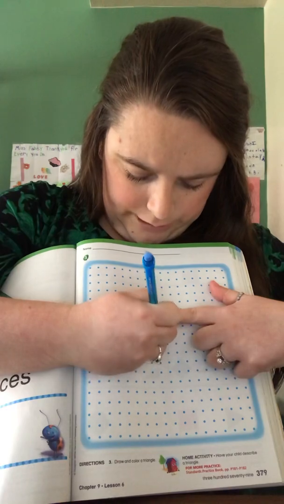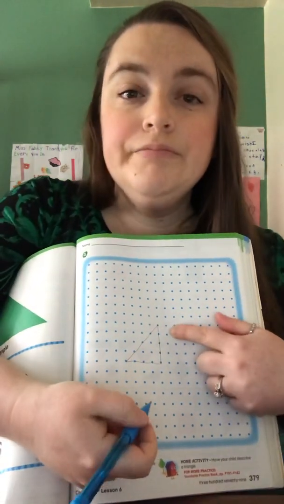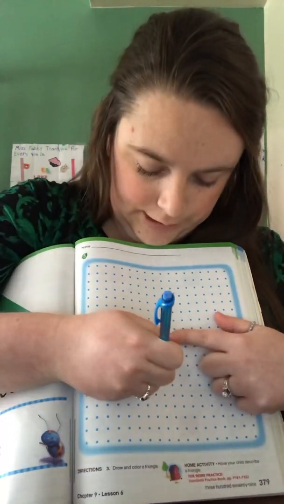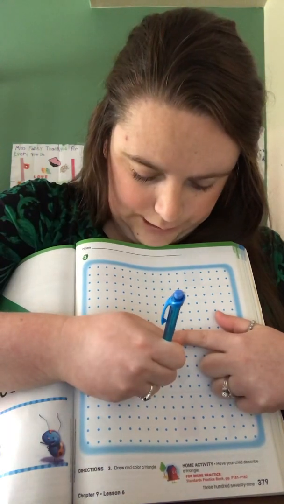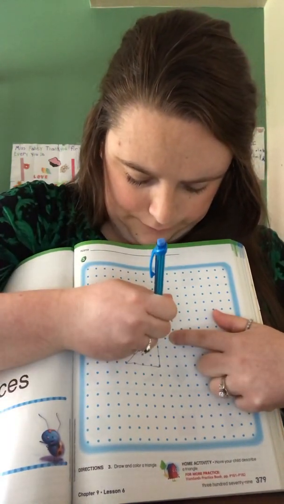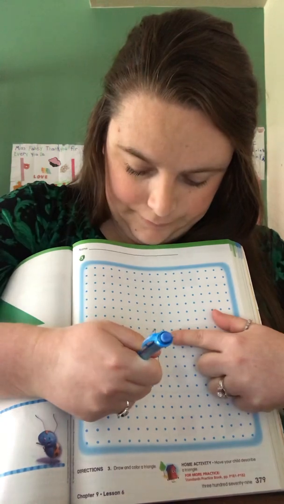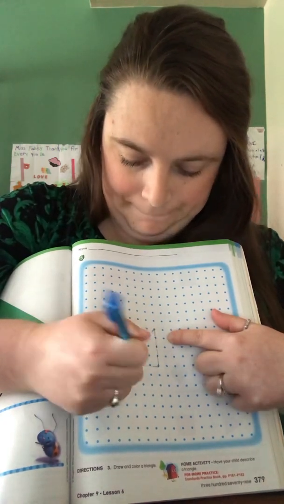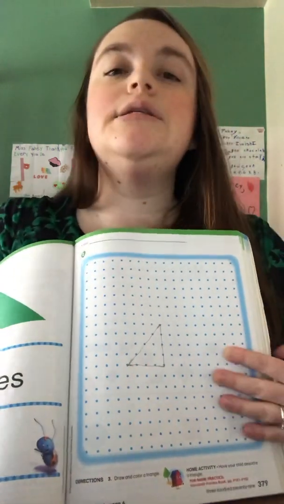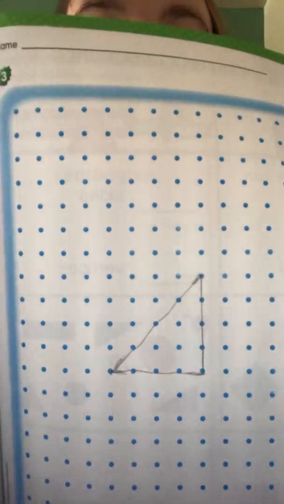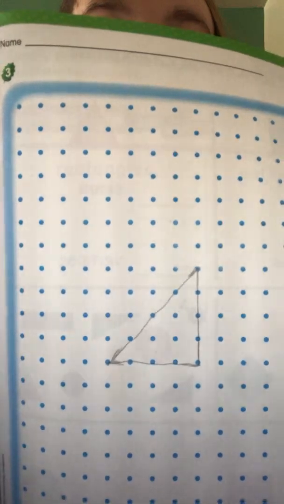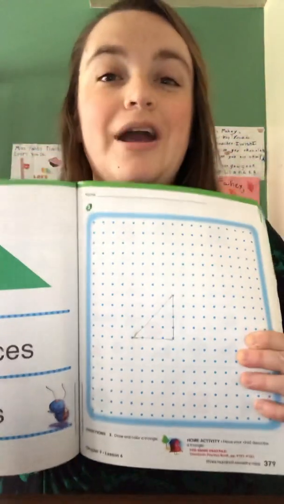I'm going to trace up. Do I have 3 vertices? It's a little bit hard to see because I used pencil. But let's take a look. Do I have 3 vertices? What do you think? How many sides do I have? 3 sides. That is a triangle.